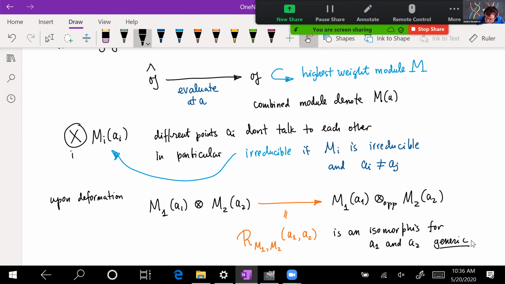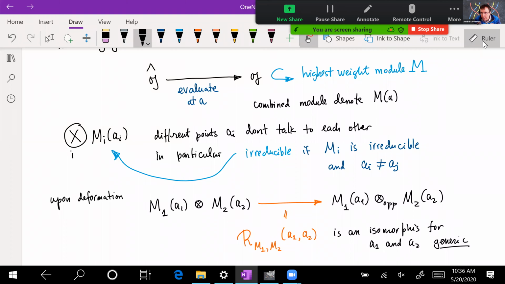Generic means, previously the two modules were irreducible as long as a1 was not equal to a2. If it's a non-trivial map, it has to be an isomorphism.